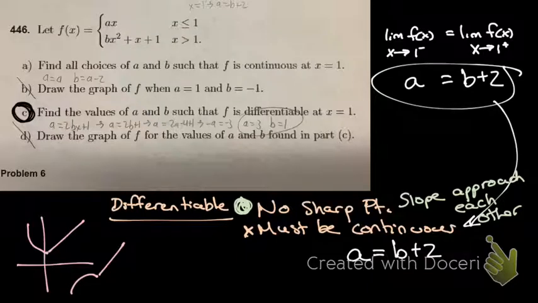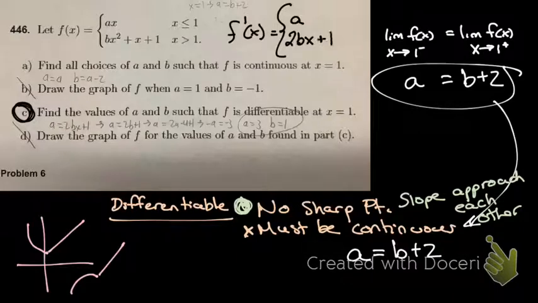Actually, let's go ahead and get the slope function. F prime of x equals what? A. And what's the slope of the second piece?